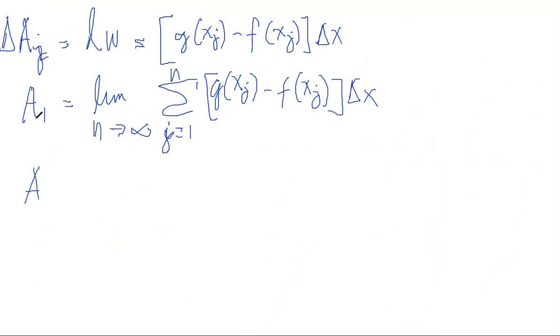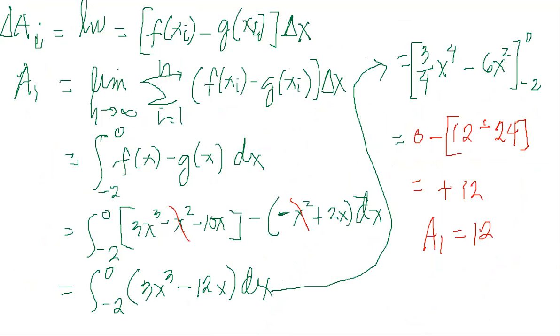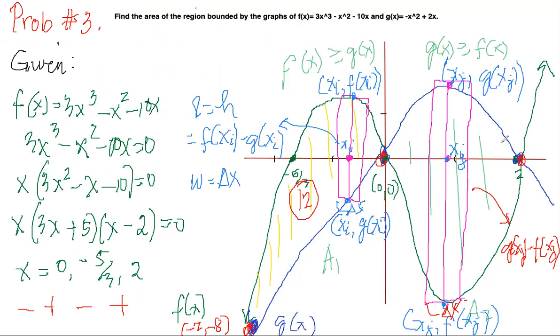So let's now express area 2 using the integral sign. We have g of x minus f of x dx. Let's see the limits of the integral. This is 0 and this is 2, so from 0 to 2.